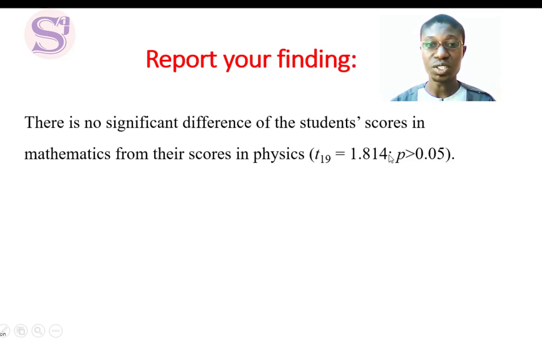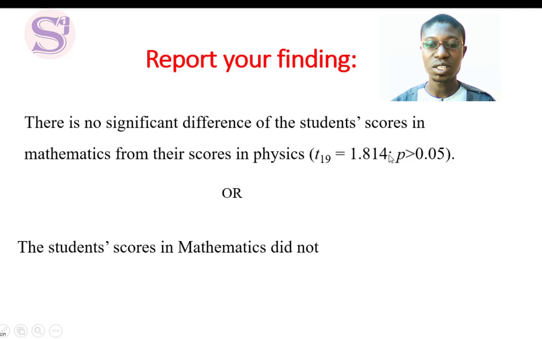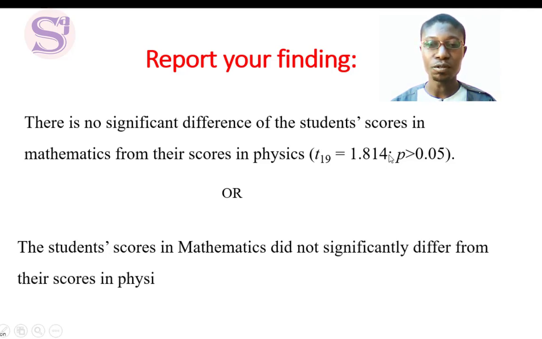So this is why we retained our null hypothesis. We can also state our findings by saying that the student scores in mathematics did not significantly differ from their scores in physics.